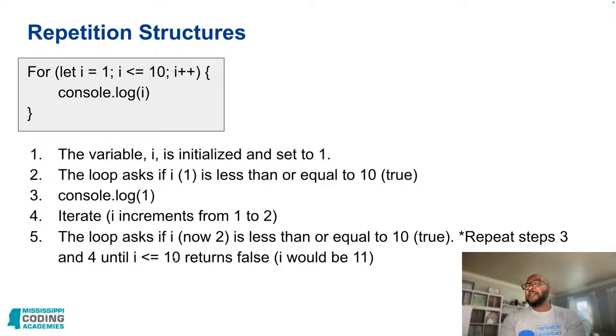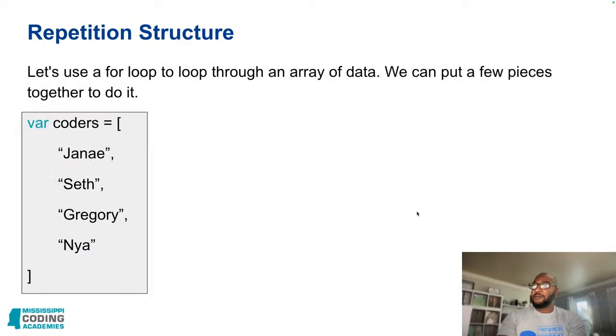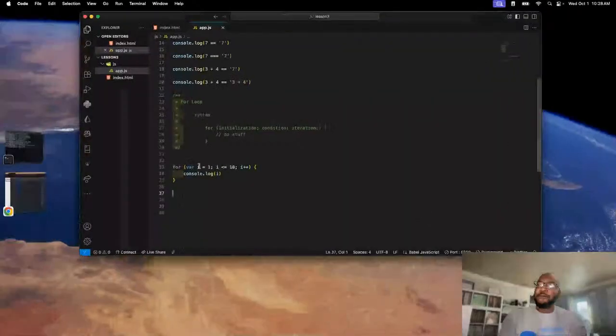And then the loop asks if i, which is now 2, is less than or equal to 10, which is true. And then we repeat steps 3 and 4 all the way until i is less than or equal to 10 returns false. So in other words, i would be 11.